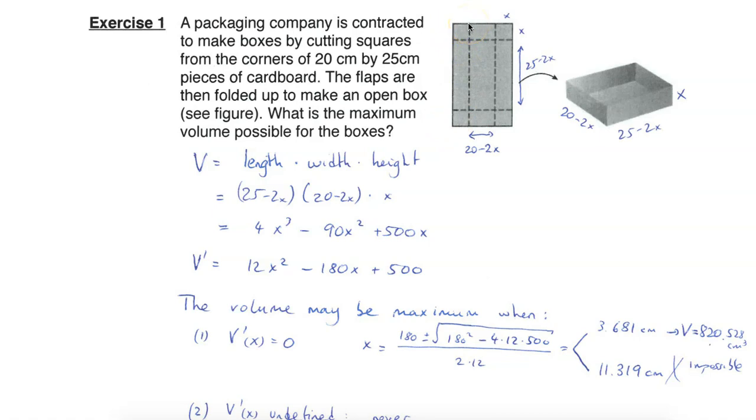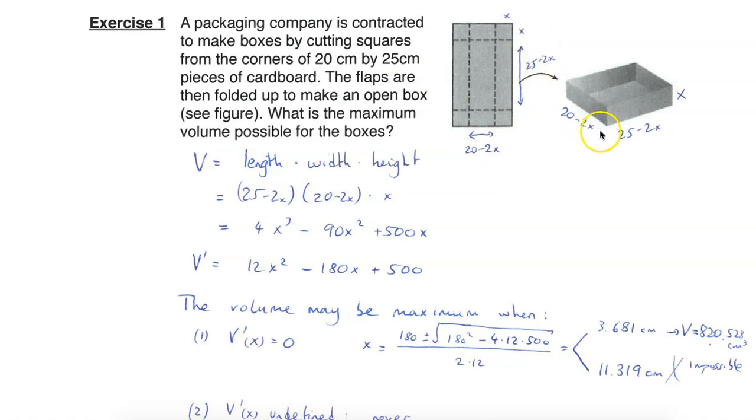That allows us to realize that the base of the box, which is this rectangle here, has two sides that are 20 minus 2x and 25 minus 2x. These 20 and 25 come from the size of the original piece of cardboard. So we have all the values here: 20 minus 2x, 25 minus 2x, and x.